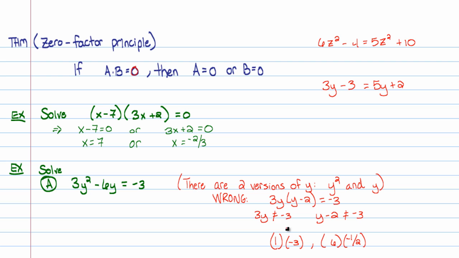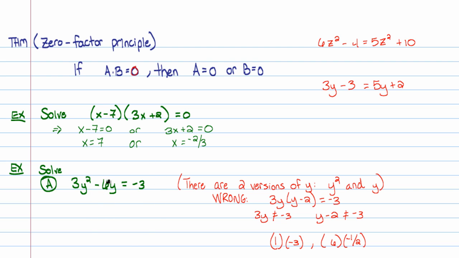So you see, I've already shown you that there's two different possibilities for numbers that multiply to become negative 3. There's actually an infinite possibility of numbers. However, if the right hand side was 0, there's only a couple possibilities. Either the first factor is 0 or the second factor is 0. It's just super important. I see so many students that immediately factor the left hand side without thinking.